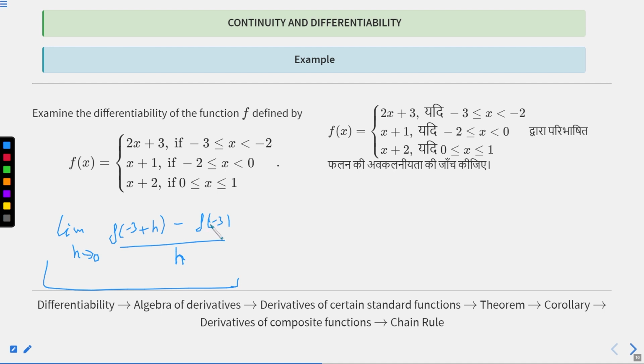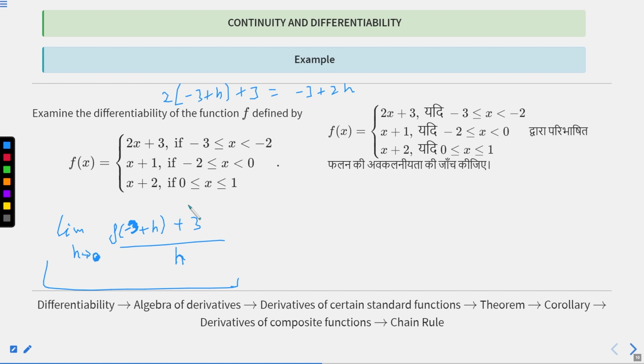What will f(-3) be? As you can see, 2x plus 3, so this will be 2 times minus 3 plus 3, which is minus 3. Now what about f(-3 + h), where h is any positive number? This will be 2 times (-3 + h) plus 3, which is minus 3 plus 2h.